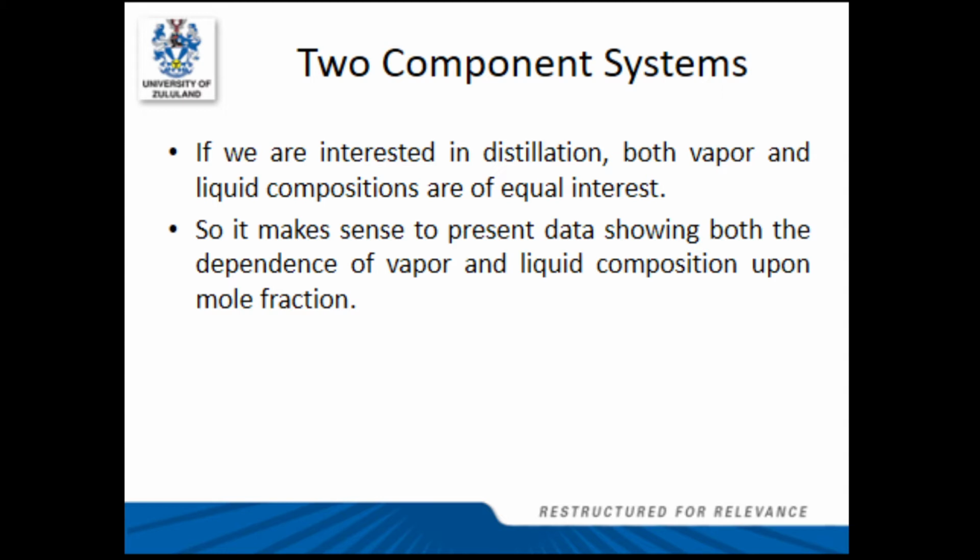In a nutshell, the main difference between one-component system and two-component system is that for one-component system, as the name suggests, we only have one component. But for two-component system, like in this case, we do have two components. Namely, in this instance, we have the vapor and we also have the liquid composition.